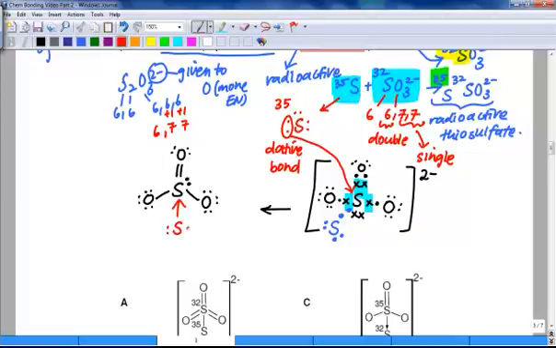So 1, 2, 3, 4. And overall, please remember to put the square bracket and the charge. So this should be my answer. And of course, not forgetting the central sulfur atom is 32 and the terminal sulfur atom is the 35.